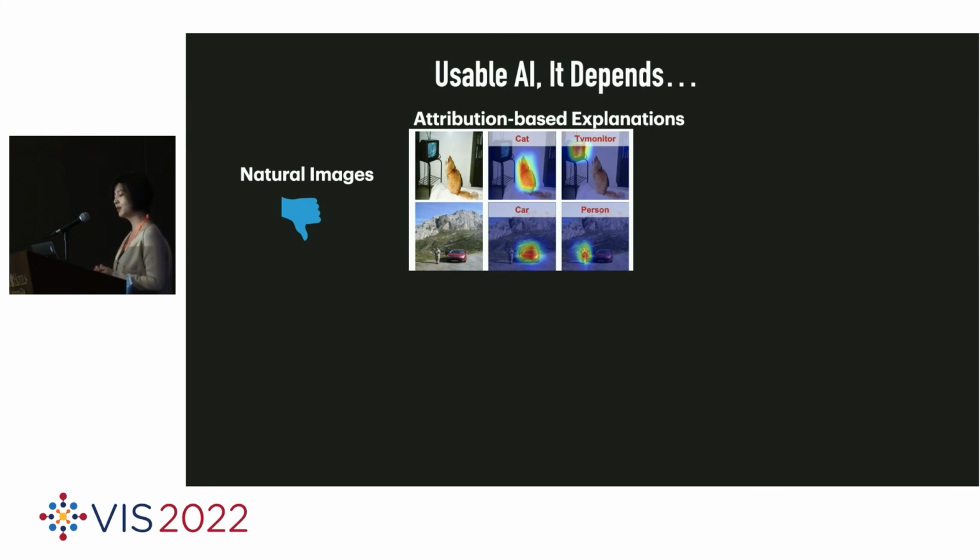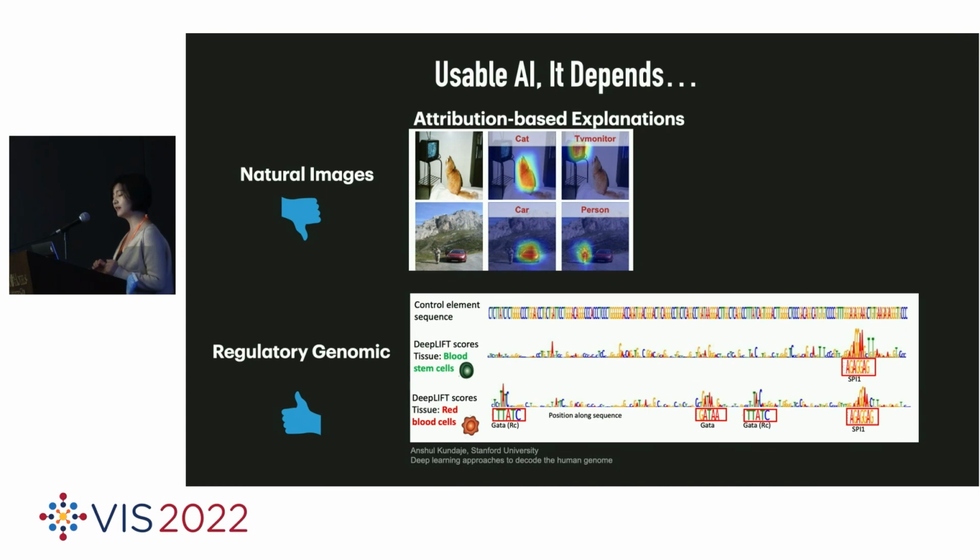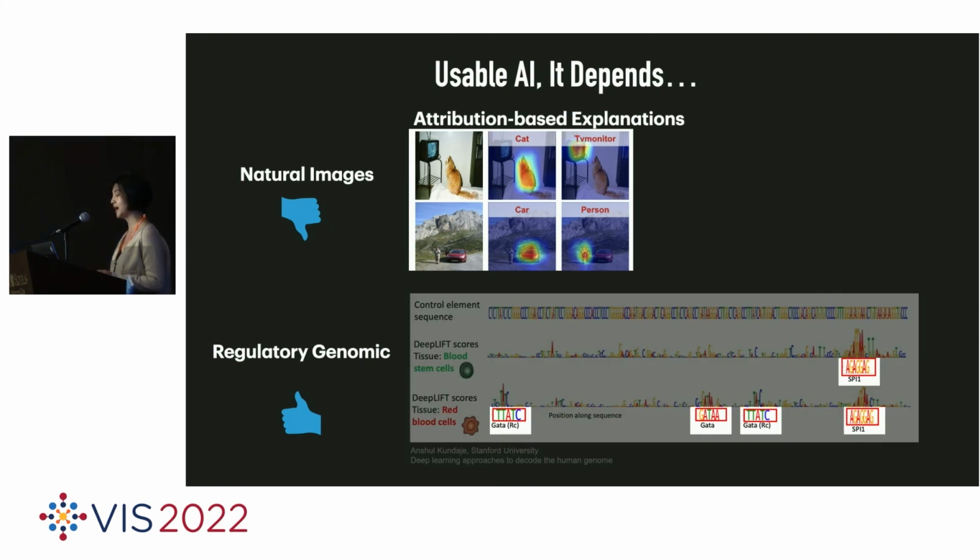These two examples do not mean that the explanations are not usable. For example, while attribution-based explanations are criticized for the classification of nature images, they are actually a very useful technique in regulatory genomics by identifying the related genomic locations and how people decode the genome functions.